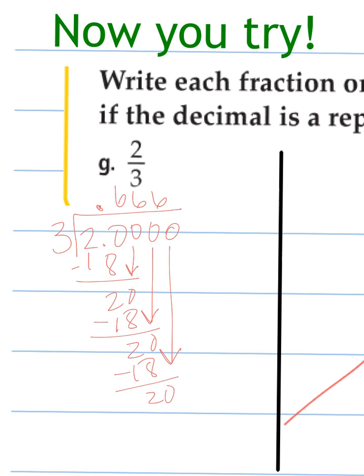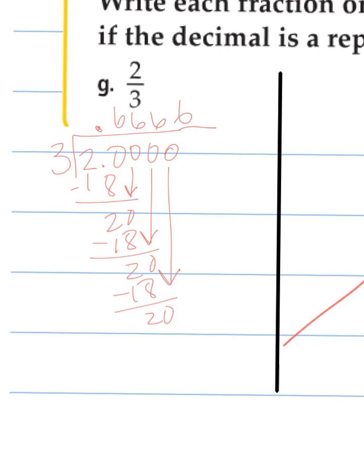And we start to notice there's a trend here that keeps repeating. So we can write this as a repeating decimal. We see that the 6 is repeating, so we draw that with our bar notation. So 2/3 written as a decimal is 6/10 repeating.